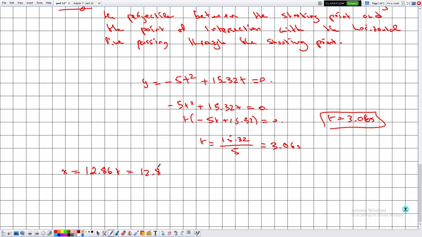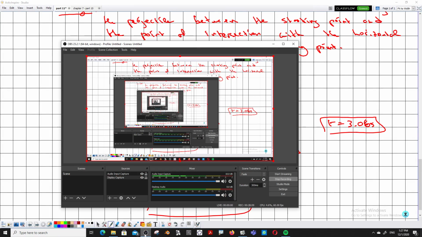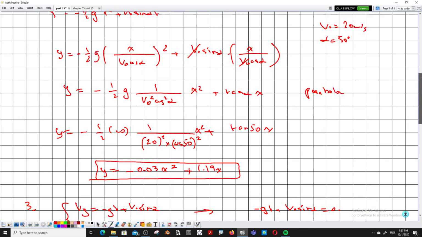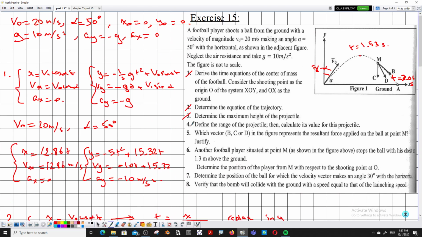Now 12.86 multiplied by the time t, which is 3.06, plugging this on the calculator, this is given by 39.35 meters. So the range, which is denoted by capital R, is equal to 39.35 meters. Now let's move on. So we are done with part 4.